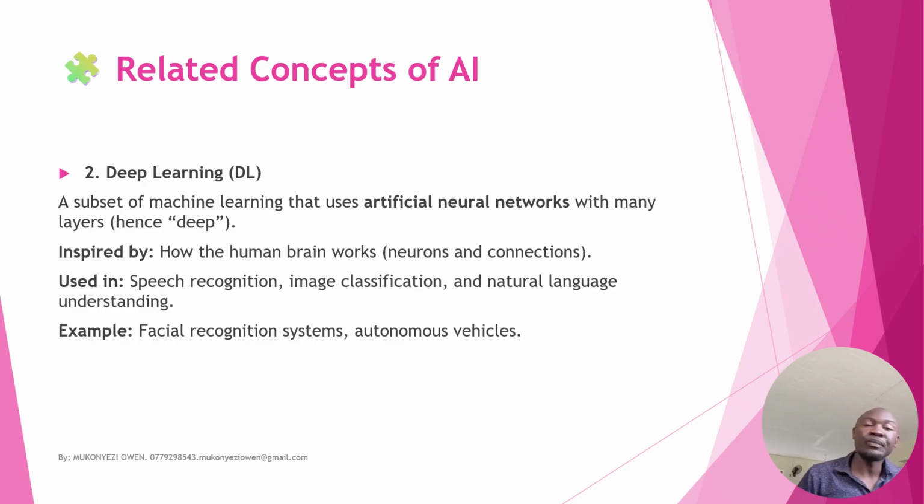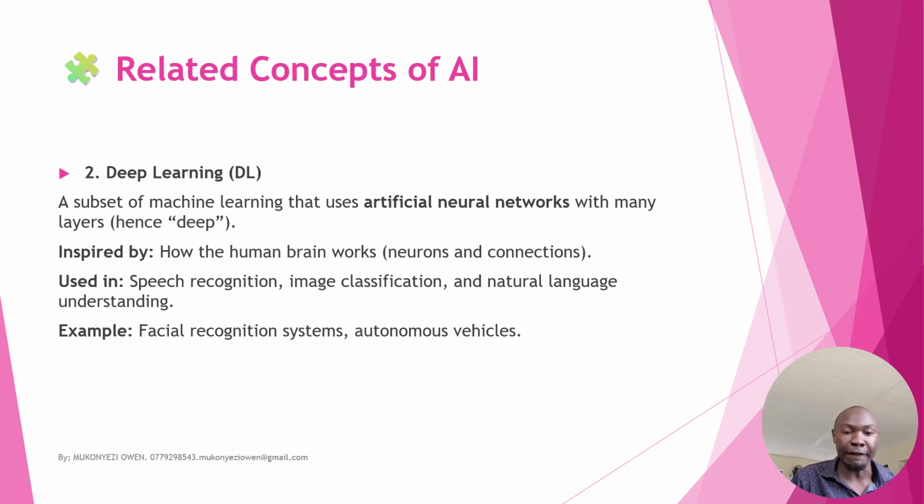We have other related concepts of AI. The second, deep learning. This is a subset of machine learning that uses artificial neural networks with many layers. Just first look at the example. I don't want to confuse you. Look at the example: facial recognition systems and autonomous vehicles that I have talked about in the previous slides.